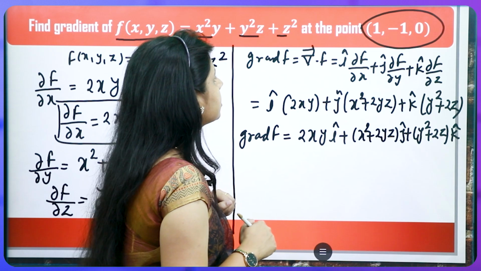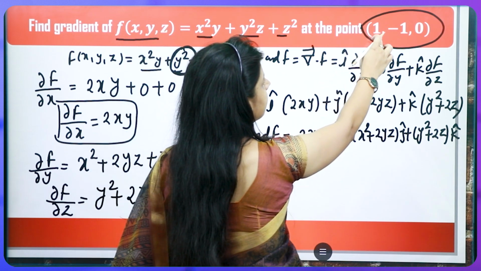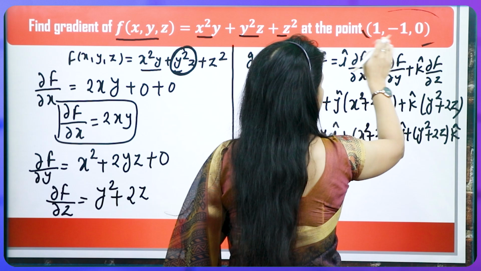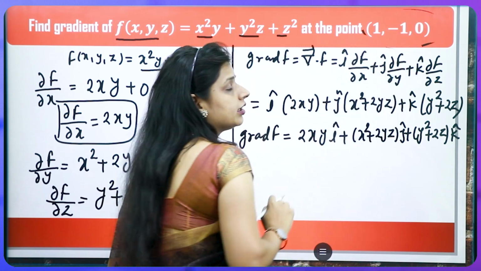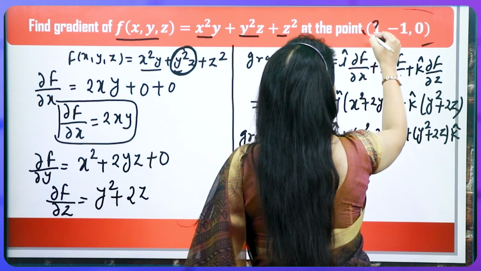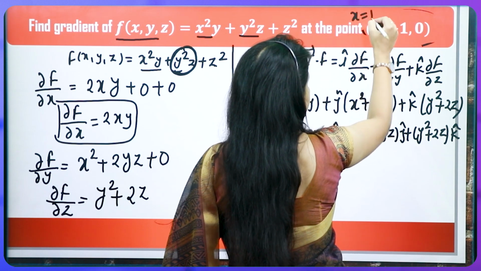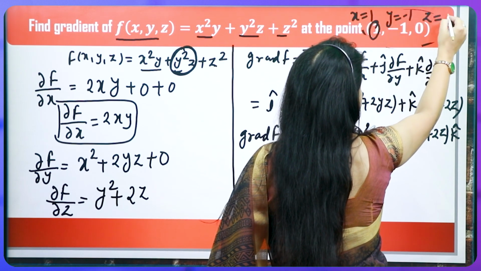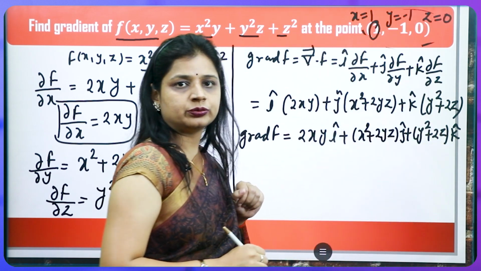But in this question, we have to find the gradient at the point 1, minus 1 and 0. That is, in the obtained value of the gradient, we will substitute x equal to 1, y equal to minus 1 and z equal to 0.